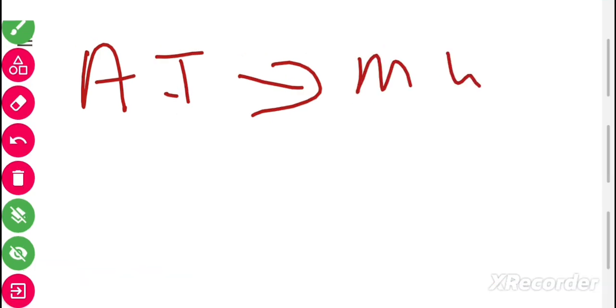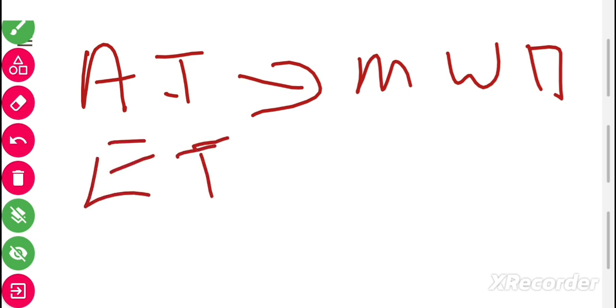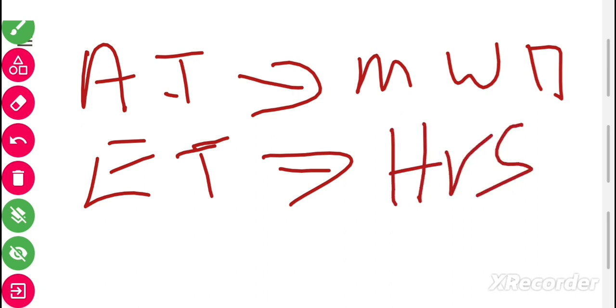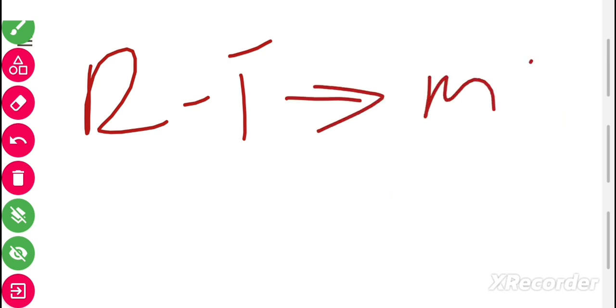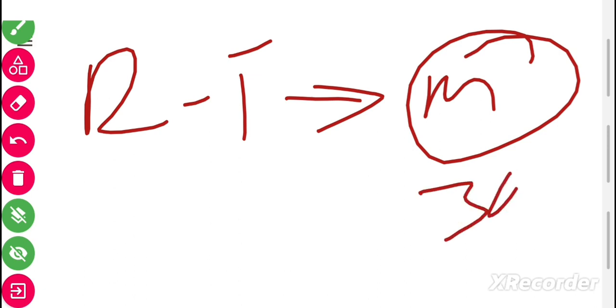On the analysis time frame we have monthly, weekly, and daily. On the entry time frame we have our hourly time frames, H4, H1, H12, etc. And then the refined time frame, where we have the minute time frames: 30 minutes, 15 minutes, and 1 minute.